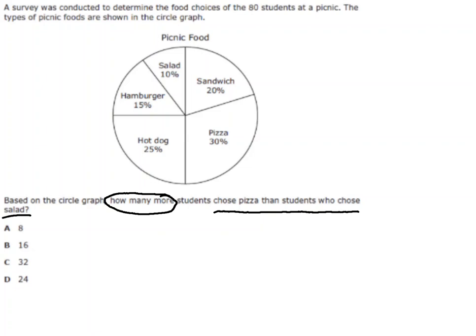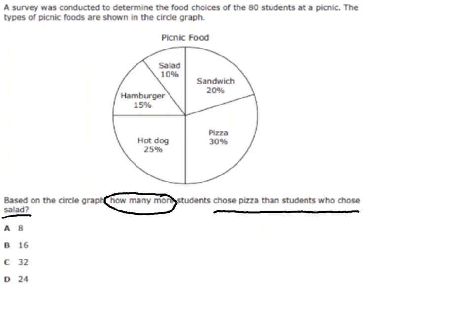We could find out exactly how many students preferred pizza and how many students preferred salad, but then we'd have to take the percent, convert it to a decimal, multiply against 80, then we get the product, and then we subtract the smaller product from the larger product, and then we would find out.